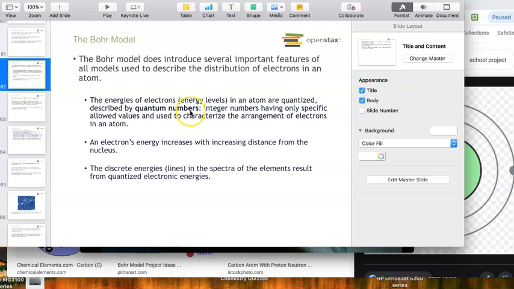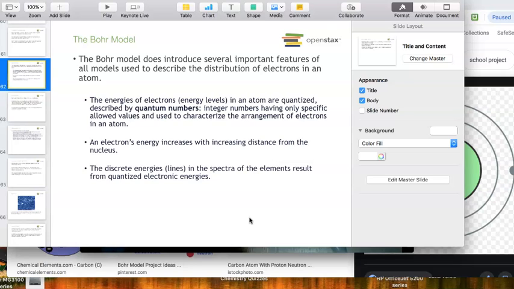But we're going to learn tonight how you can assign what are referred to as quantum numbers, which are unique for each electron in an atom. Quantum numbers are integer numbers having only specific allowed values and used to characterize the arrangement of electrons in an atom. An atom's energy increases with increasing distance from the nucleus.